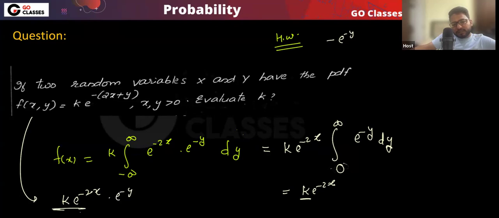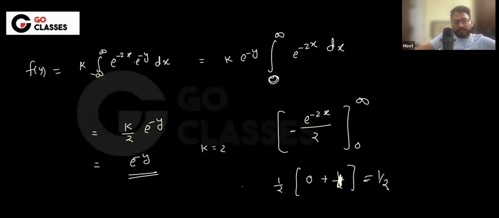So this is just fx, this is fy, which means that this particular fxy is rewritten as fx into fy, so x and y are independent. Mostly they are independent if you can rewrite it. So basically, in most of the cases, they are independent, if let's suppose this was the case.